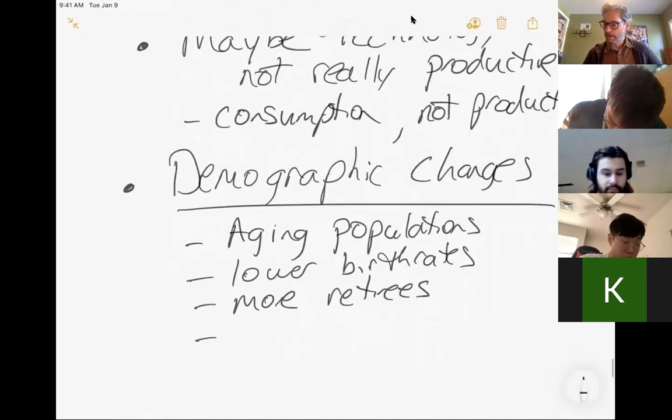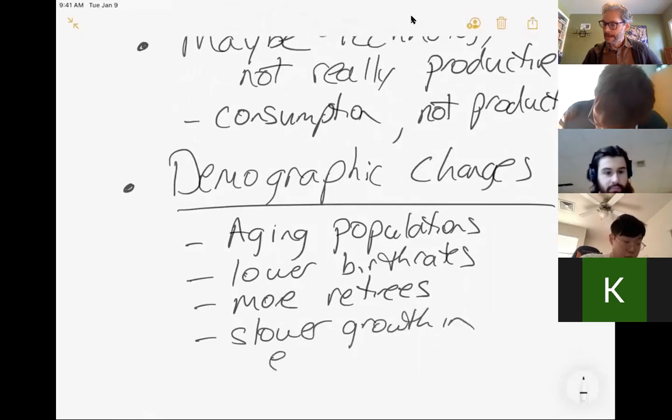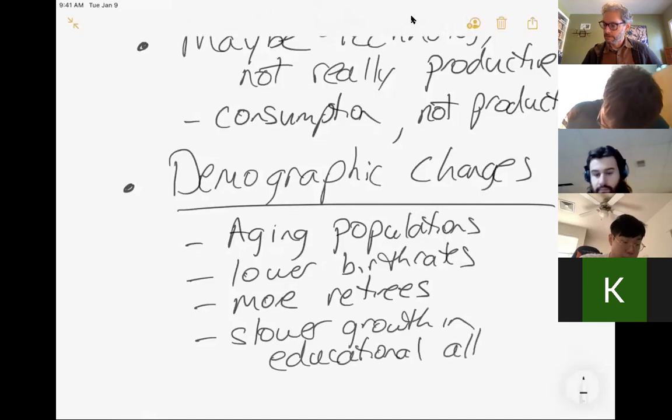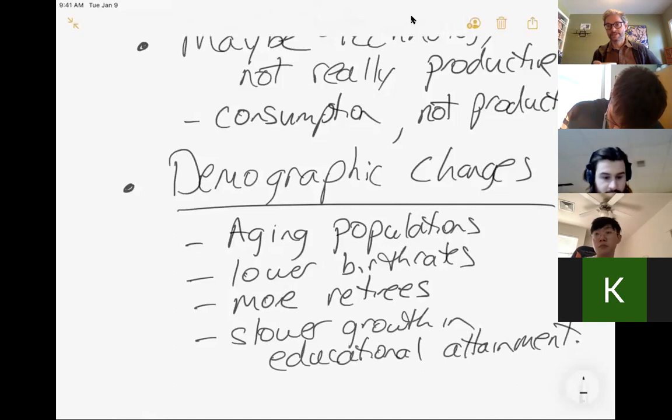And as a result, we also have slower growth in educational attainment. If you look at, for instance, the number of years of schooling for the average American, this continues to go up, but the pace at which it goes up has really slowed, in part because of demographic changes.